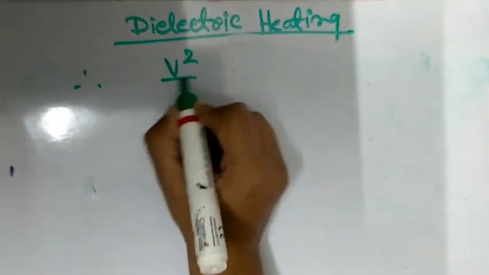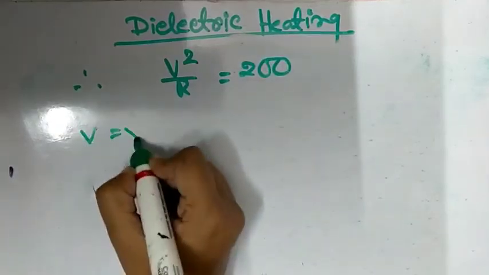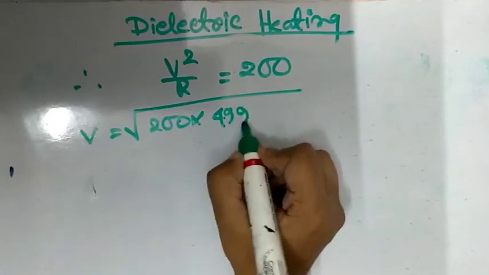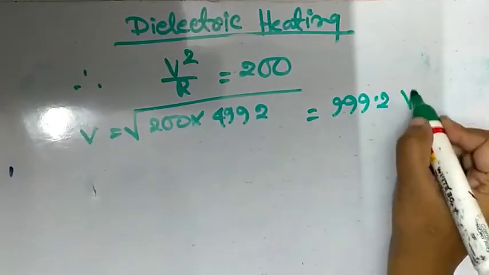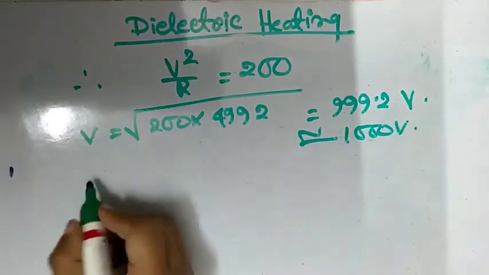Therefore, V square by R is equal to 200. V is equal to root over 200 into 4992. This is equal to 999.2 volts, which is almost equal to 1000 volt.